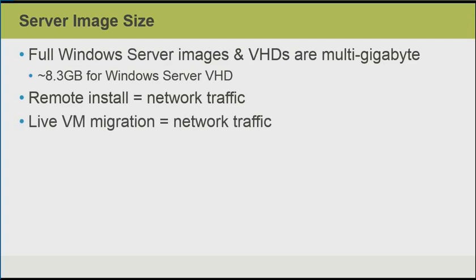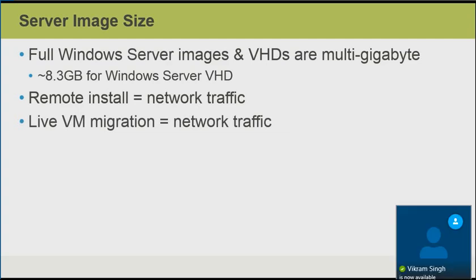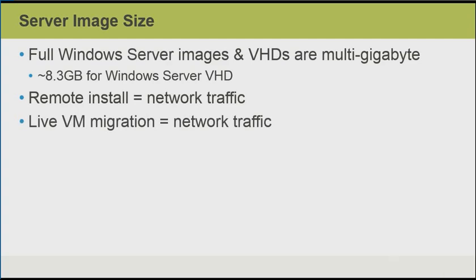If we perform live virtual machine migrations from one Hyper-V host to another, that still results in network traffic. Even though we're not migrating the storage, we're still migrating a memory map file that's equivalent to the size of the RAM allocated to that VM guest. So given enough virtual machines that have to be drained from a Hyper-V host and live migrated elsewhere, that could turn out to be a lot of network bandwidth.